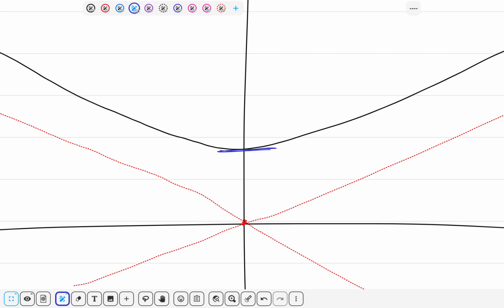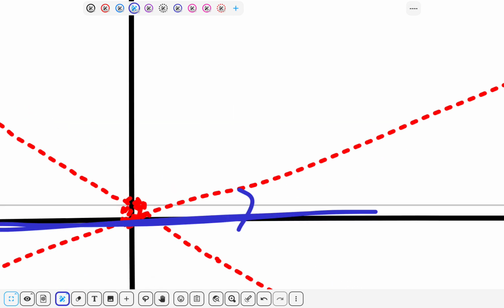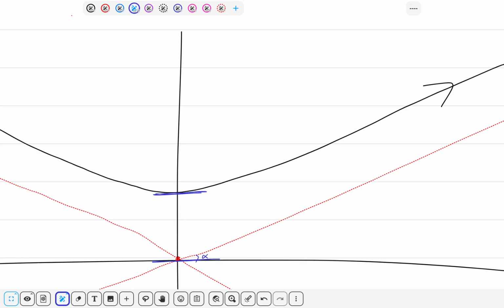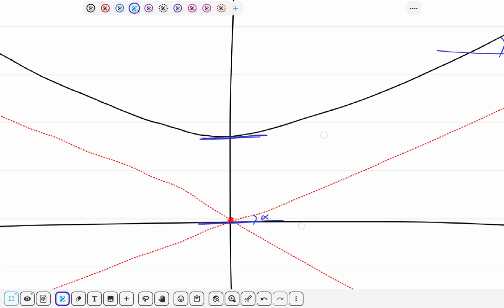Okay, so maybe I can argue that whatever angle is being made here at infinity, here also the same angle will be made. That I can argue, right?